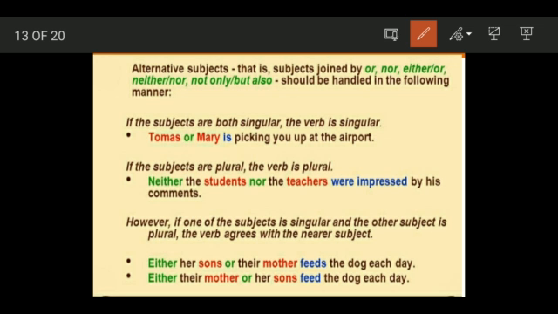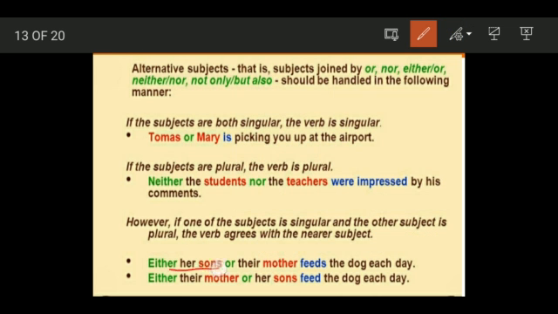Now what happens when there is a mix of them? There is one singular and one plural subject. Then what will we do? Either her sons, now this is plural, or their mother, this is singular. So if one of the subjects is singular and the other subject is plural, the verb agrees with the nearer subject. What does it mean, the nearer subject?